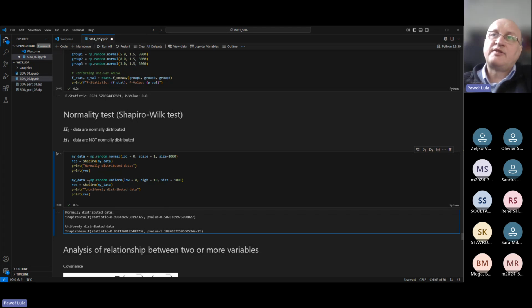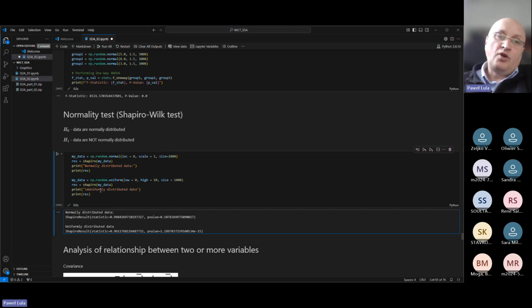And the second experiment. Now, our sample has a different form. These values were generated using uniform distribution. It is not normal distribution, of course. And of course, it is my sample.